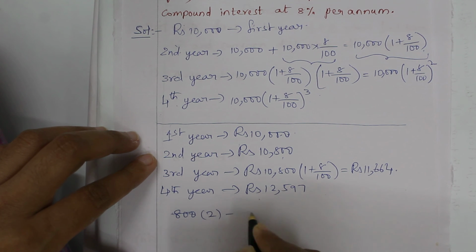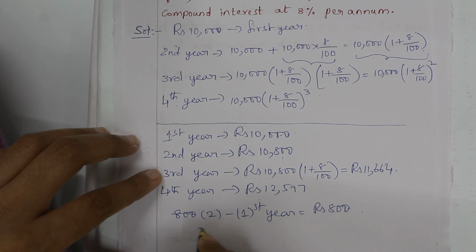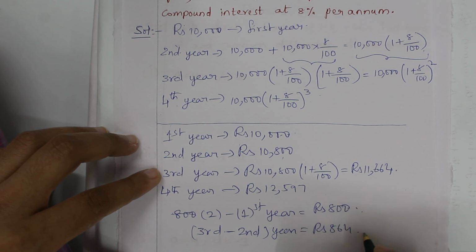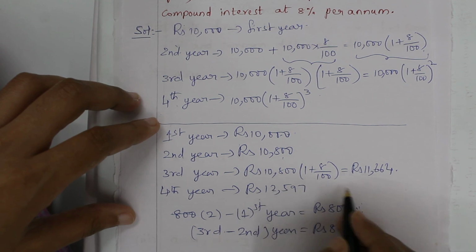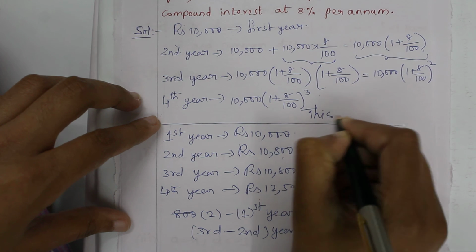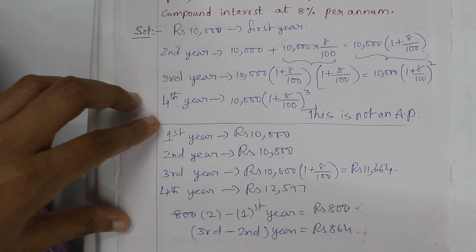Second year minus first year is equal to rupees 800, and then third year minus second year is equal to rupees 864. So this is not equal, right? The difference between the consecutive terms is not same. So that's why this is not an arithmetic progression.